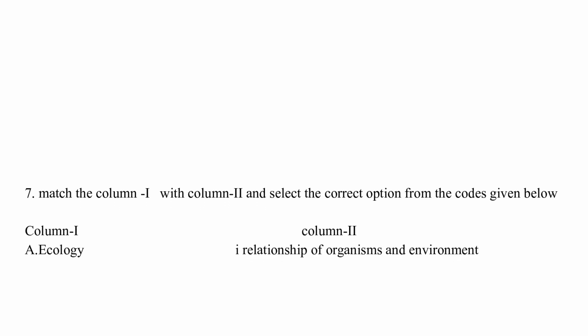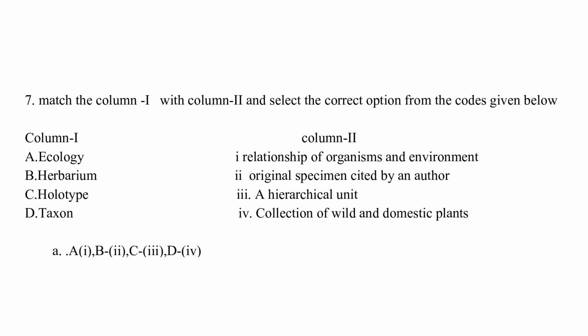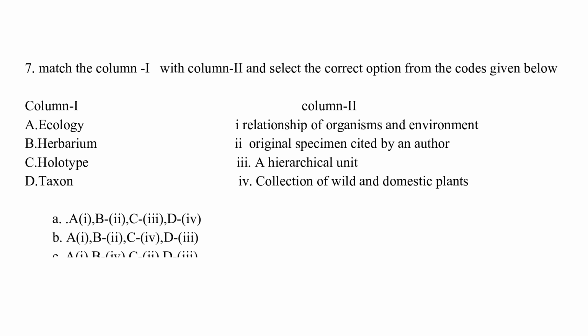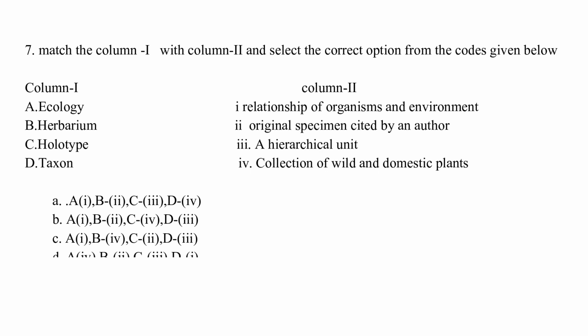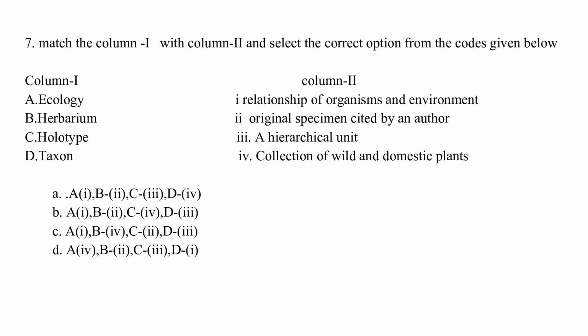Match column I with column II and select the correct option from the codes given below. Column I: ecology, herbarium, holotype, taxon. Column II: relationship of organism and environments, original specimen cited by an author, a hierarchical unit, collection of wild and domestic plant.